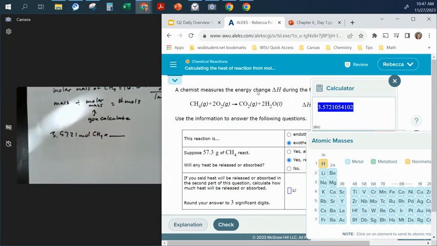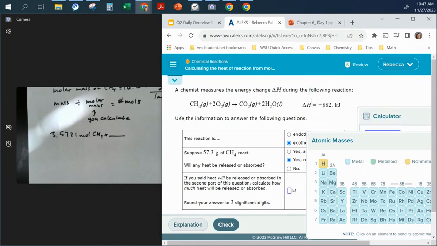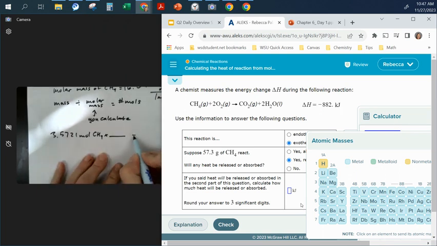Well, this chemical equation says that if we have 1 mole of methane, we get this many kilojoules. So I need to figure out how many are released if I have 3.57 moles. So I'm just going to multiply this. This says I have negative 882 kilojoules for every 1 mole of methane.